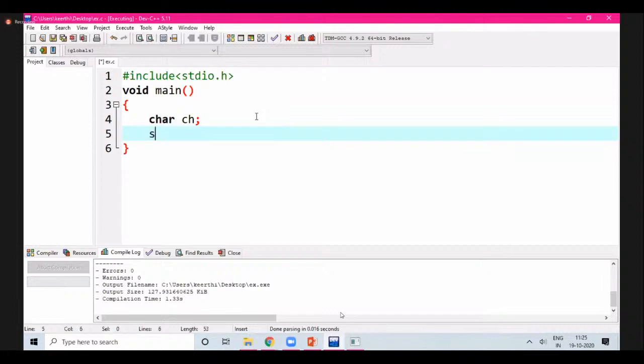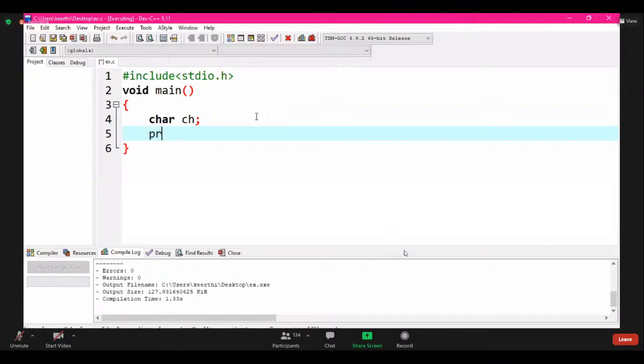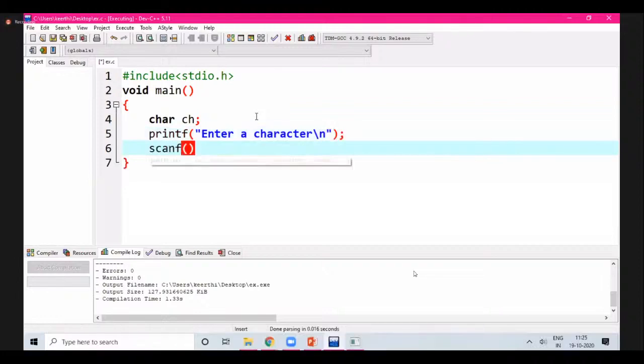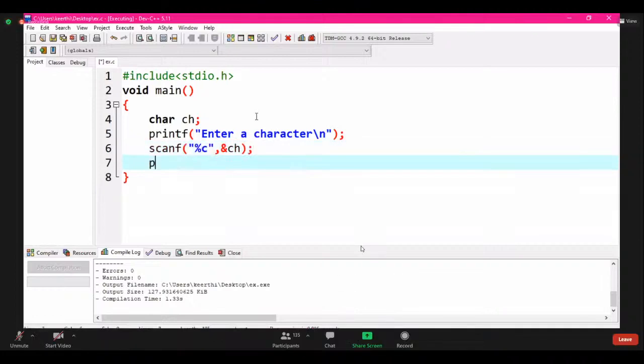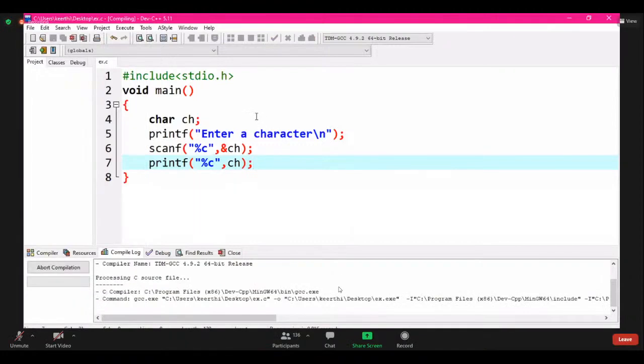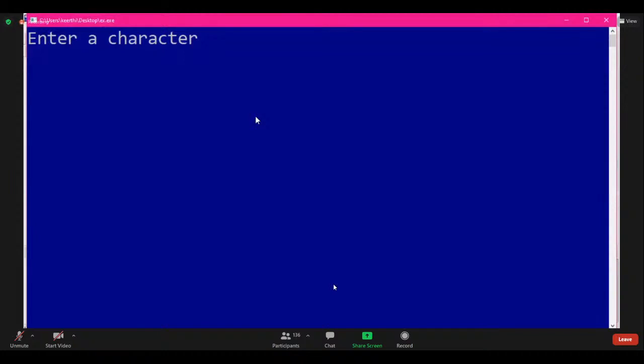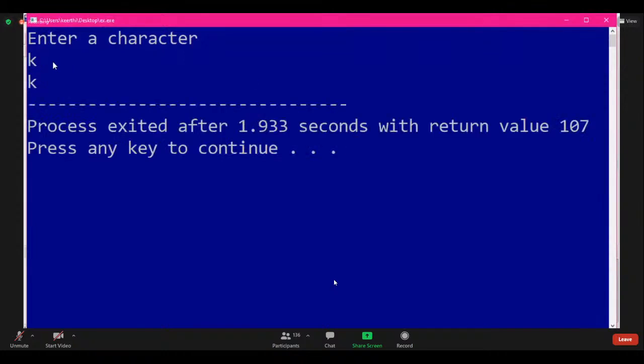So I'll write char ch, scanf. It will read one character, and whatever character is read is printed.